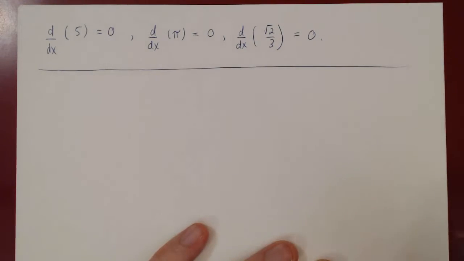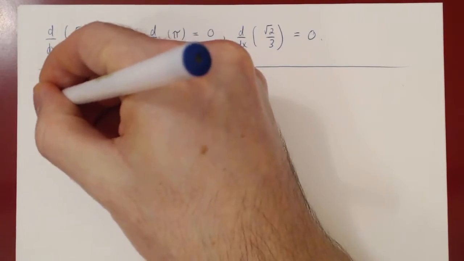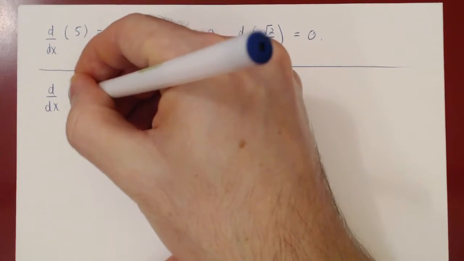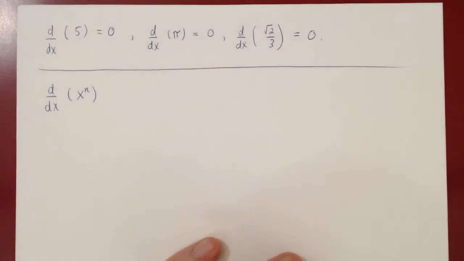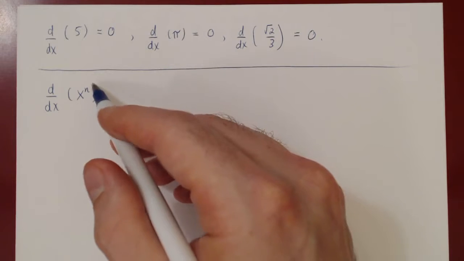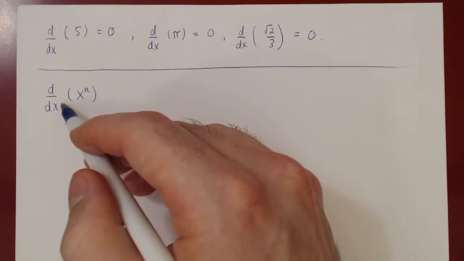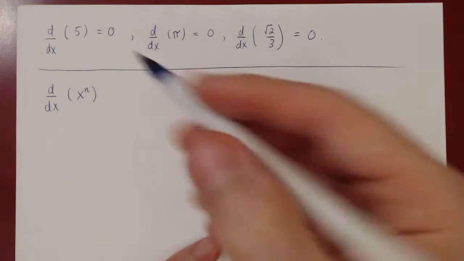Then we have a really nice rule called the power rule. And the question is, if you differentiate a power of x, how does it work? So here n is a fixed number, and we ask, if the function is f of x equals x to the n, what is the derivative with respect to x of x to the n?